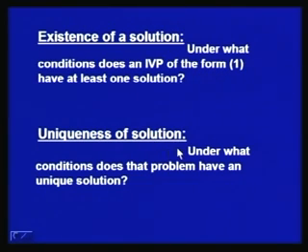Number 2, uniqueness of the solution: under what conditions does the initial value problem have a unique solution. The theorems that answer these two questions are known as existence and uniqueness theorems.